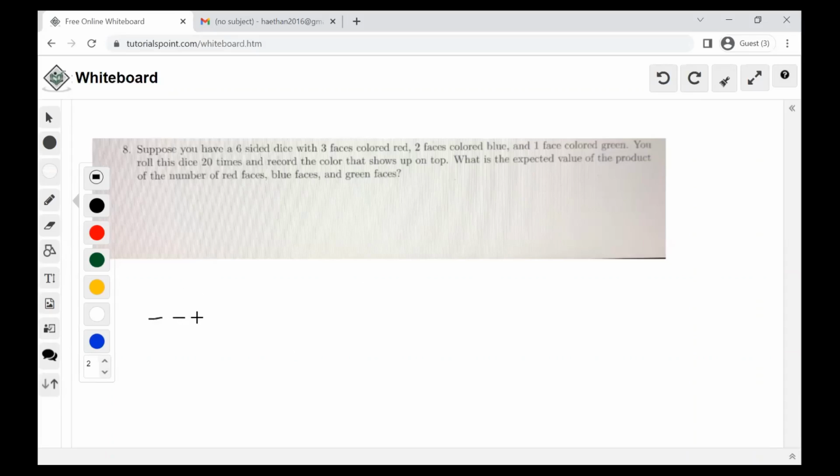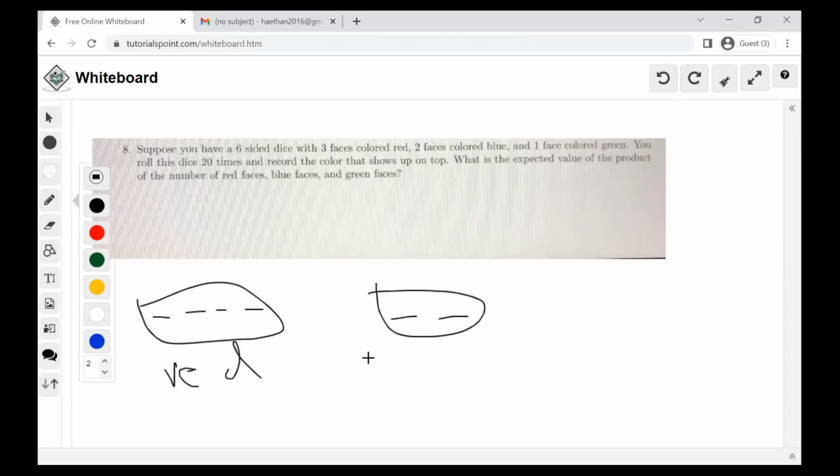So let's say that we have these that are red, and these that are blue, and these that are green.